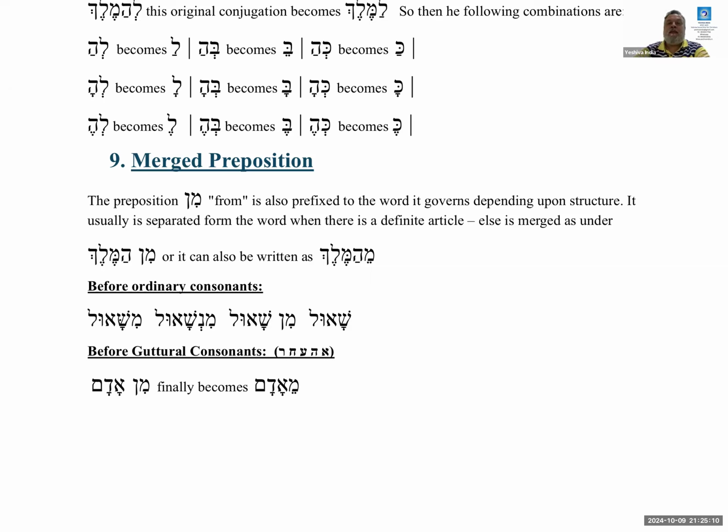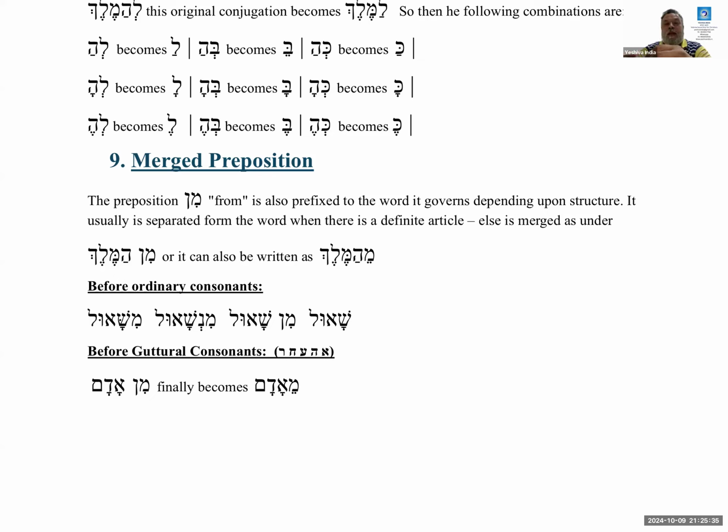But in certain cases, it is merged with the word. And the rules for it change accordingly. So the preposition min, which is from, is also prefixed to the word it governs depending upon structure. It usually is separated from the word when there is a definite article, else it is merged as under.